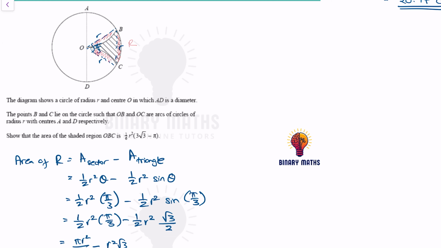So in order to work out what this is, I need to work out the area of the sector, take away 2 lots of R, because these are R. Now, area of sector is just pi r squared over 6, because I've just worked it out here.